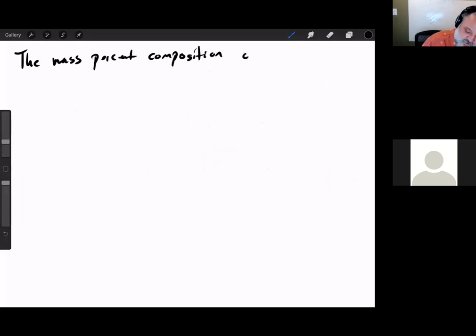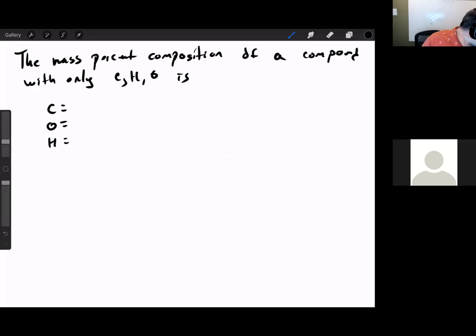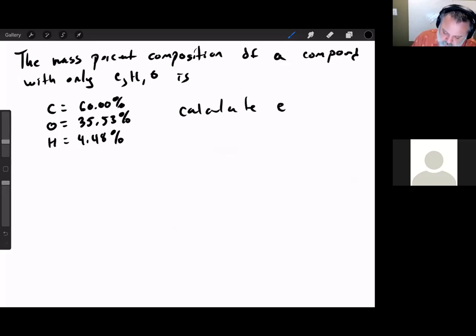The mass percent composition of a compound with only carbon, hydrogen, and oxygen is carbon 60.00%, hydrogen 4.48%, oxygen 35.53%. Okay, calculate the empirical formula.